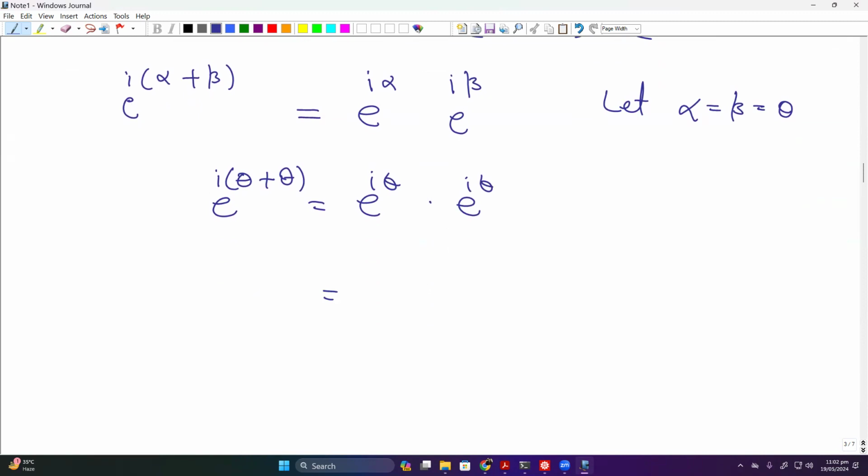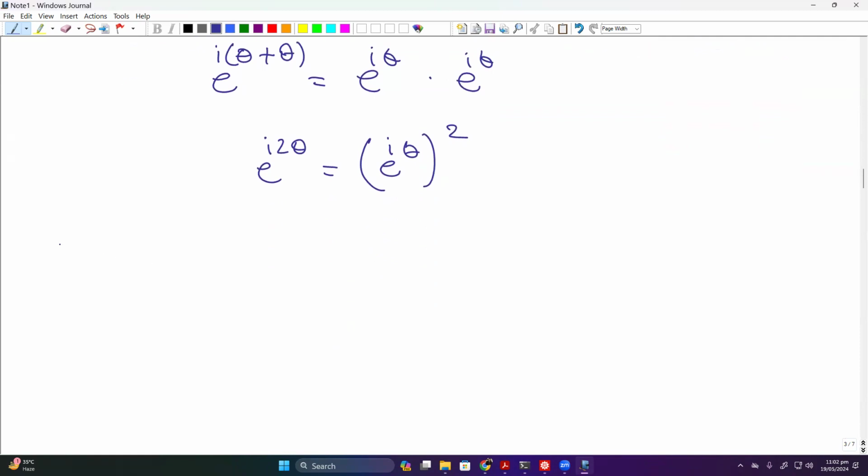Now this side can be written as e to the i 2 theta, and this side can be written as (e to the i theta) whole square. So let's keep this side as it is, e to the i 2 theta, sorry for the bad handwriting.